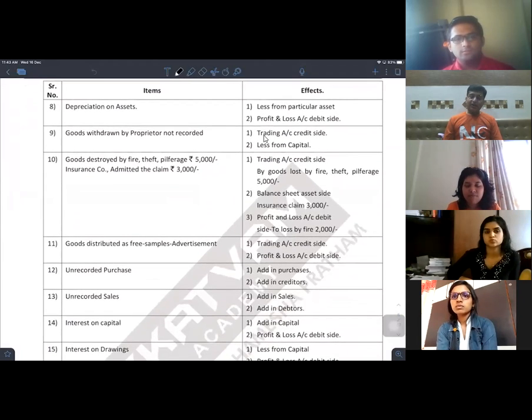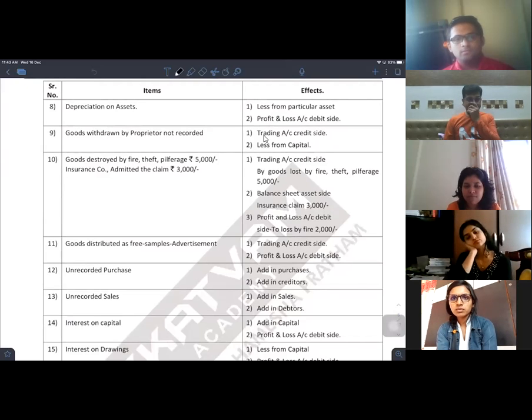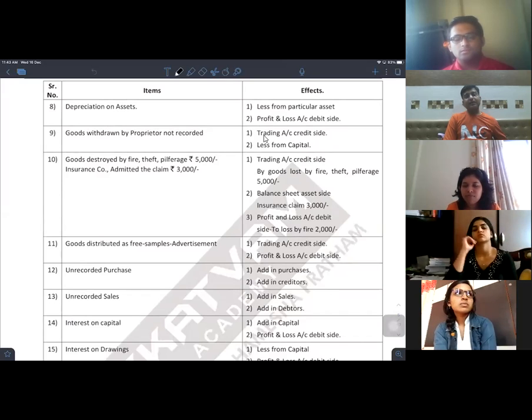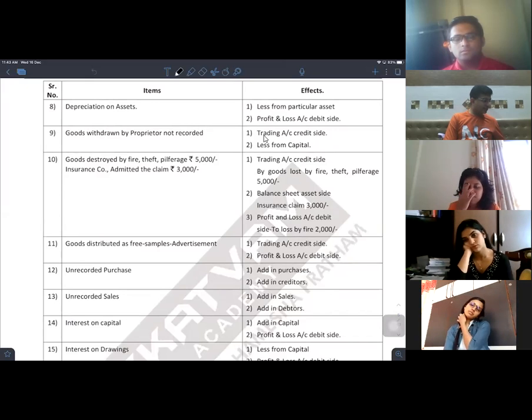The depreciation on asset is an expense for the business or not? Whenever we need to charge the depreciation, at that time we pass the entry as depreciation account debit to respective asset account. That means the amount of depreciation has to be subtracted from the balance of the respective asset, and at the same time we'll be required to show this depreciation in our profit and loss account, in our income statement as our expense from the business.